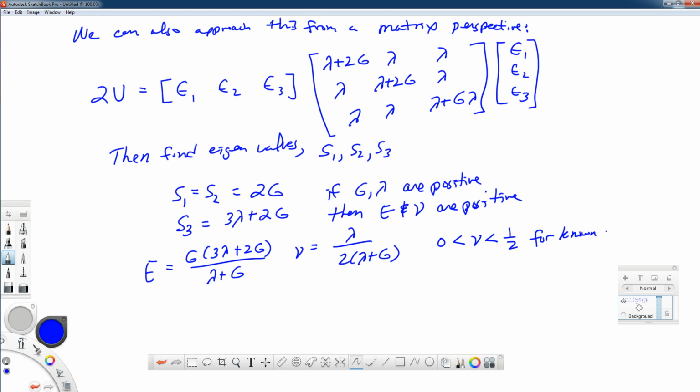Remember, we're talking about isotropic materials right now. Then we have E and nu being greater than 0 as necessary and sufficient conditions for U to be positive definite.